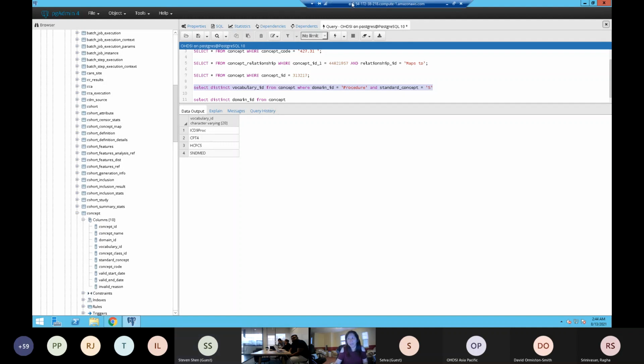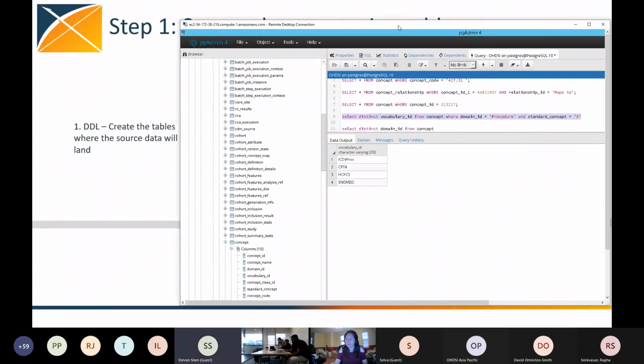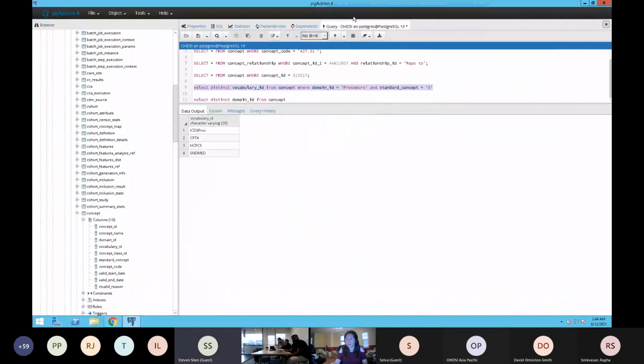If you have problems loading the vocabulary table, let us know, because maybe I can have one of my folks help you properly load that table, because maybe you're not loading it properly into your database. So basically, in our database we use ICD-10. All of the CPT code, I can ignore.